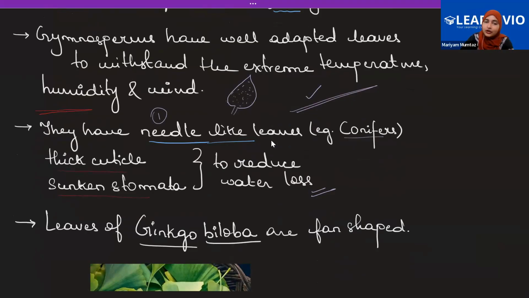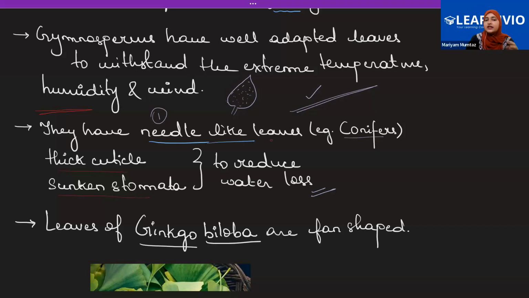The leaves get modified to become like needles. They are pointy and have a thick covering, and the stomata are deeply situated. All of these are adaptations so that not a lot of water loss takes place.